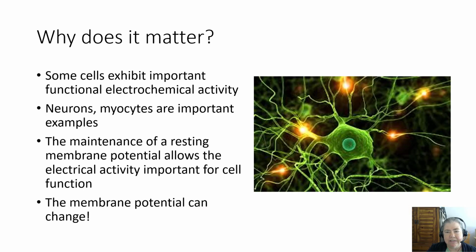So this is stuff that physiologists did 100 years ago. So why is it important? Well, it's important because some cells use that potential, by changing the membrane potential, to allow the movement of electrical signals and chemical signals that result in the functions of the nervous system and of the muscular system.